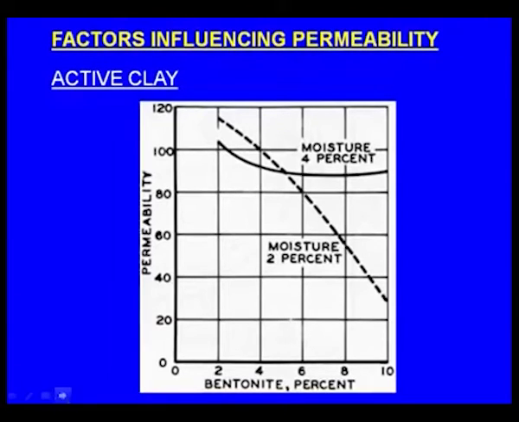So here the x axis indicates the bentonite percent and the y axis indicates the permeability. This is the 2% moisture, and when the moisture content is 2%, the permeability is about 115.